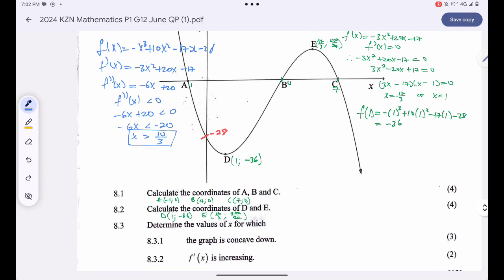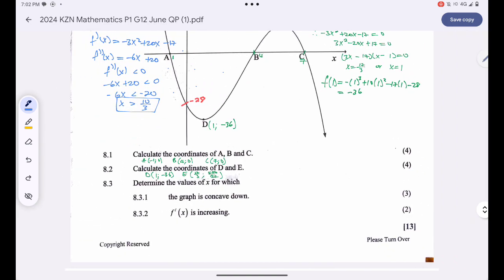Okay, and then now I'm being asked, where is my f'(x) increasing? If I were to draw my derivative graph, let me analyze this using a derivative graph. It would simply be something like this.